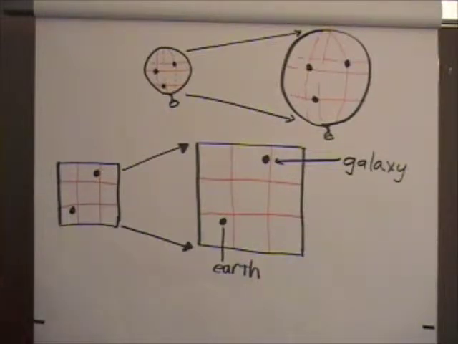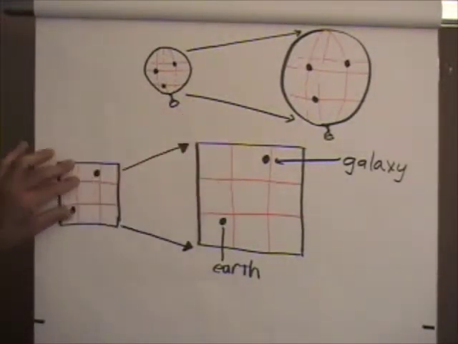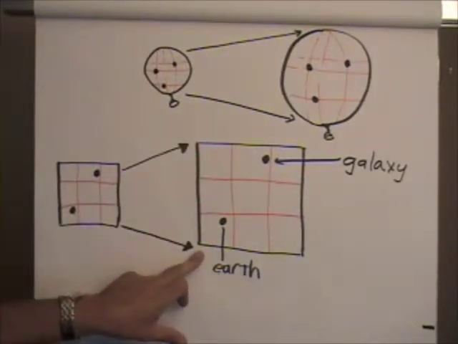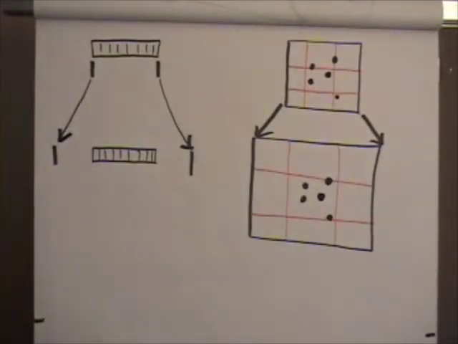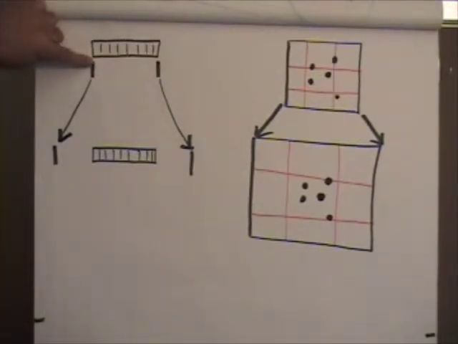Now, are there any objects in space where the distance does not expand as the space expands? Well, it turns out there are a whole bunch of them. Here are two examples. This is a meter stick that occupies a certain amount of space.